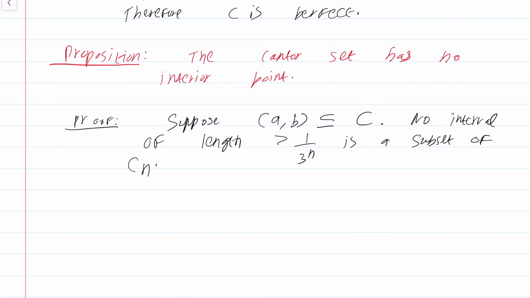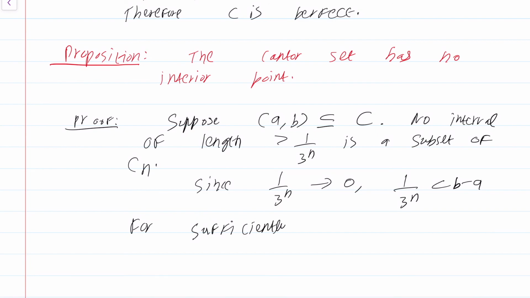So since 1 by 3 power n obviously converges to 0, 1 by 3 power n is less than b minus a for sufficiently large n. Then AB cannot be a subset of Cn. This is a contradiction.